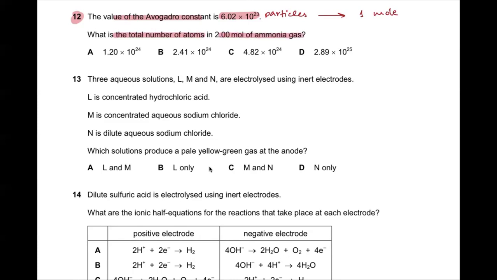So, if you work out the formula of ammonia, ammonia is NH3. So, how many atoms does NH3 have? Yes, how many atoms does NH3 have?